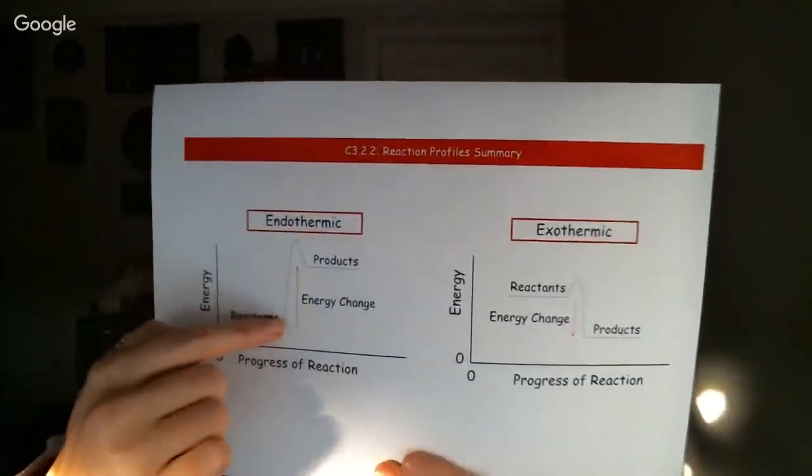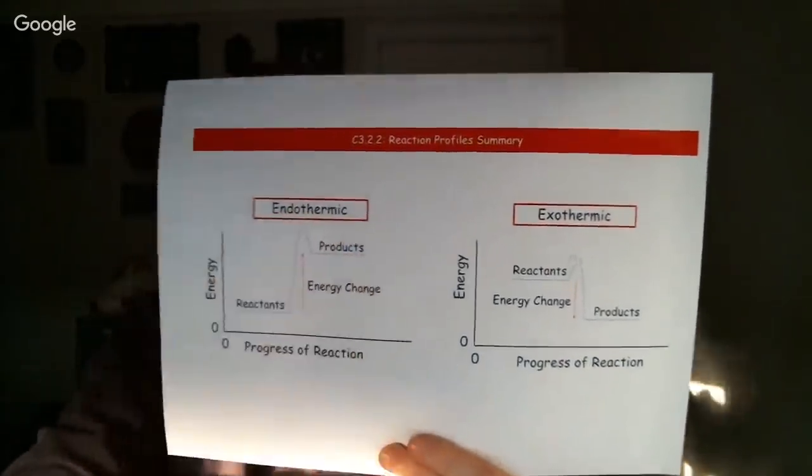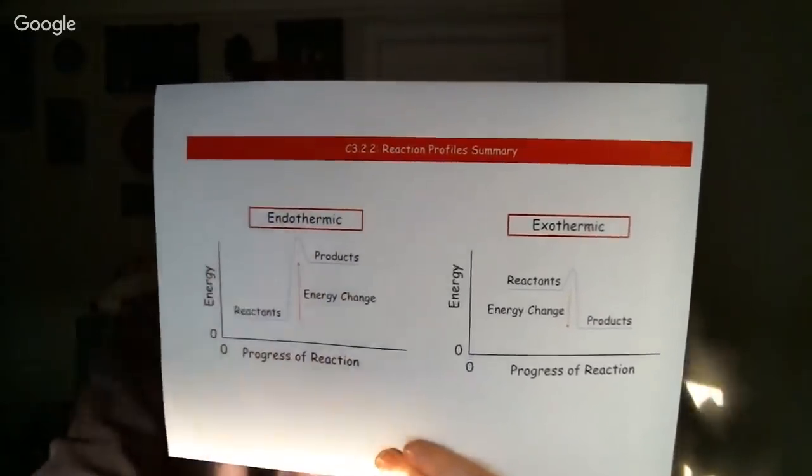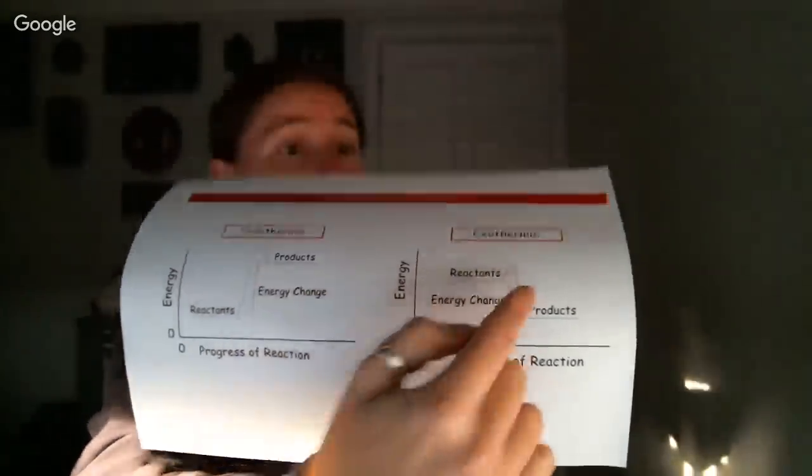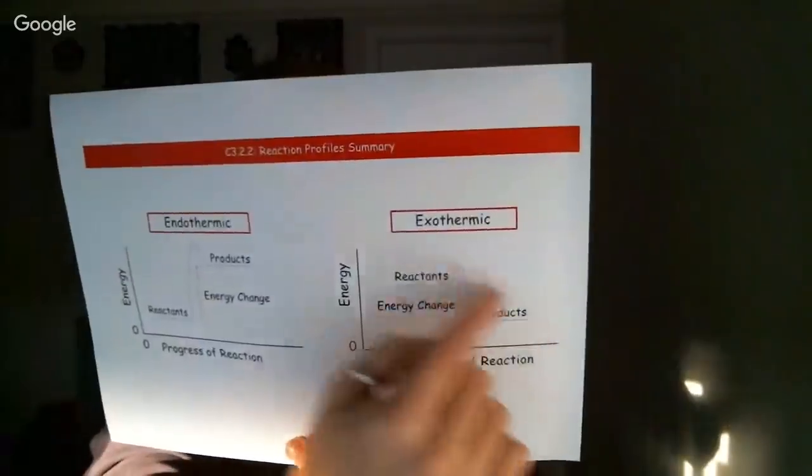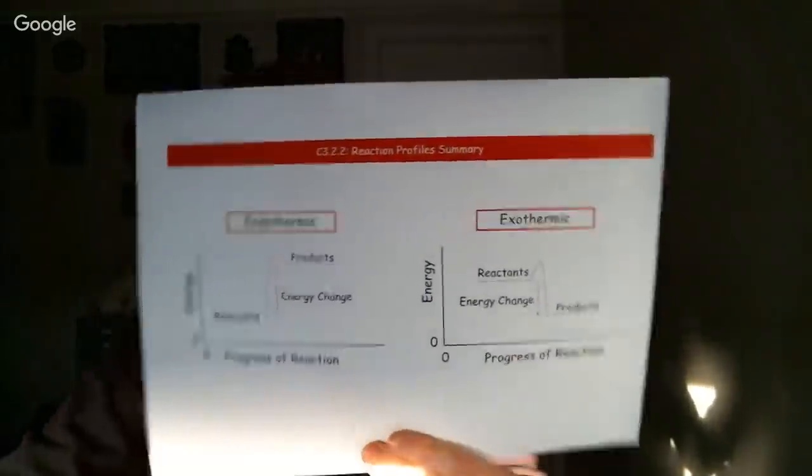So you draw your horizontal line for your products, and then you join it with a little bump. Same thing over here, draw your reactants, then draw your products, and join it with a little bumpy line. They're not going to be asking you to plot this very accurately. They might in A-level, but as far as we're concerned at GCSE, horizontal line, little bumpy bit to join the two together.